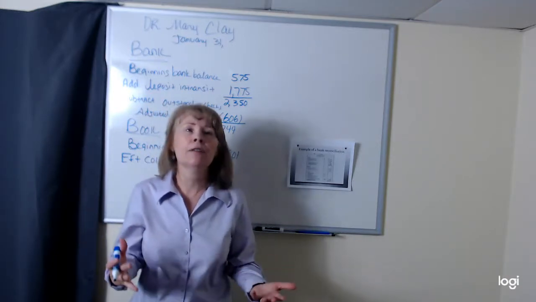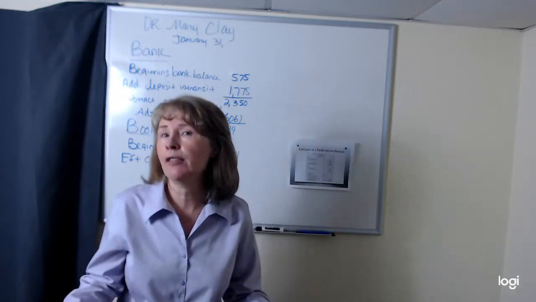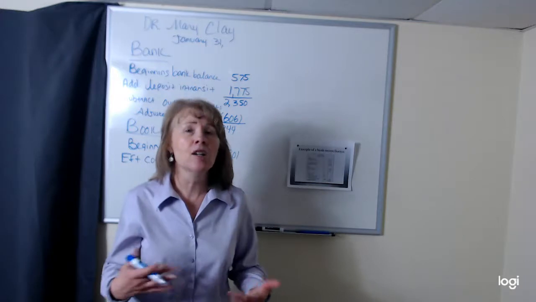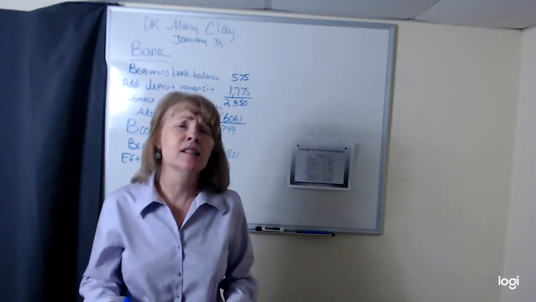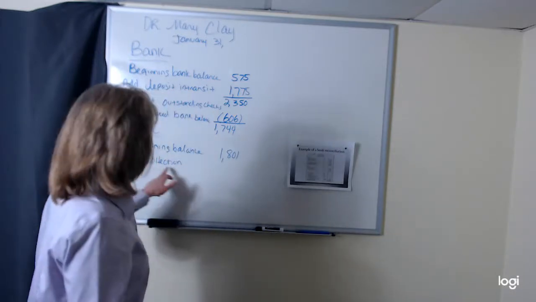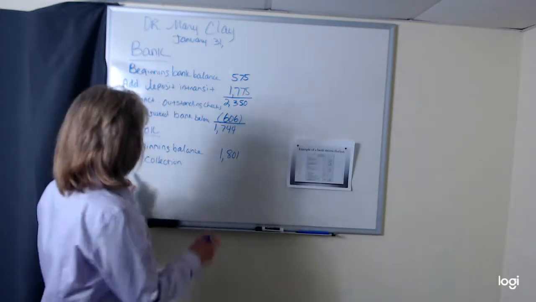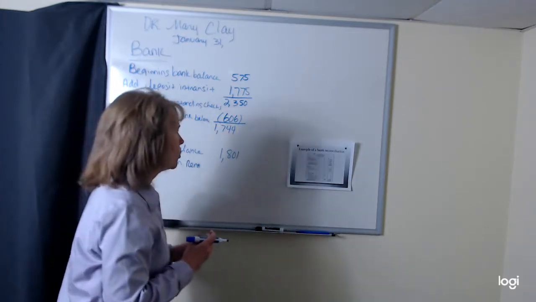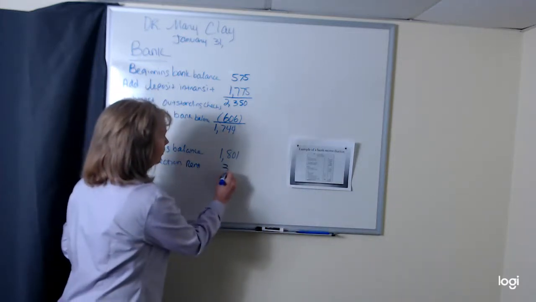It could be an EFT collection for a note receivable. It could be an EFT collection from a customer. EFT stands for Electronic Fund Transfer. So the EFT collection in this example was related to rent. And that amount is $330.